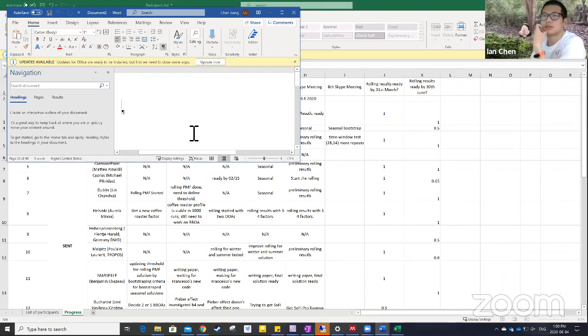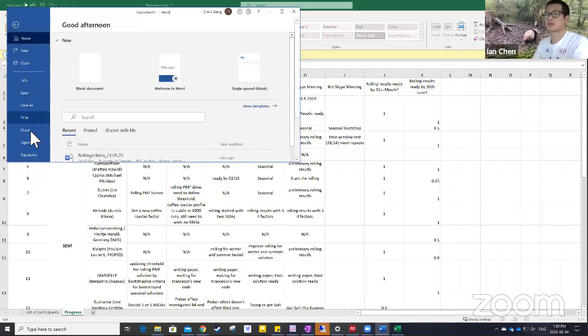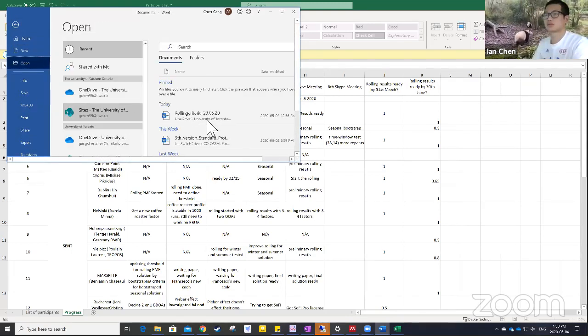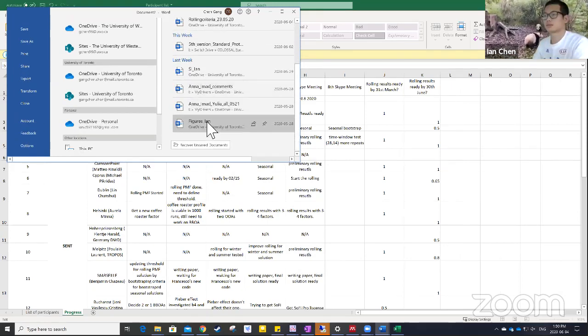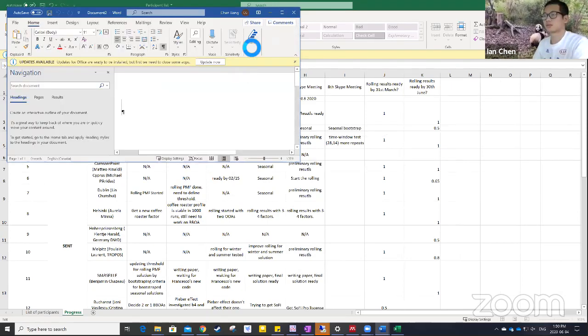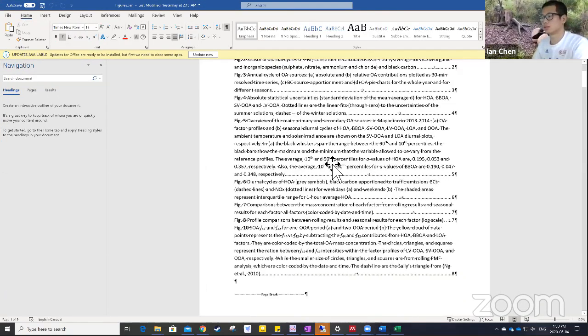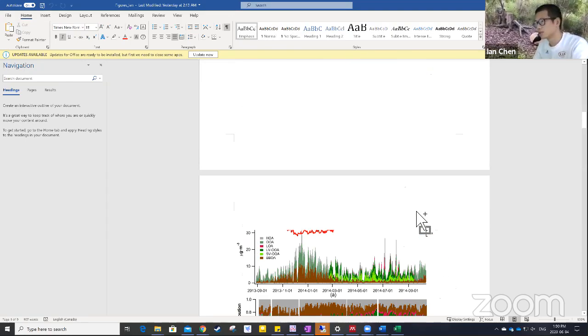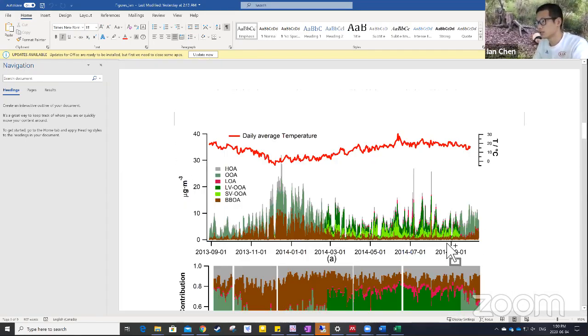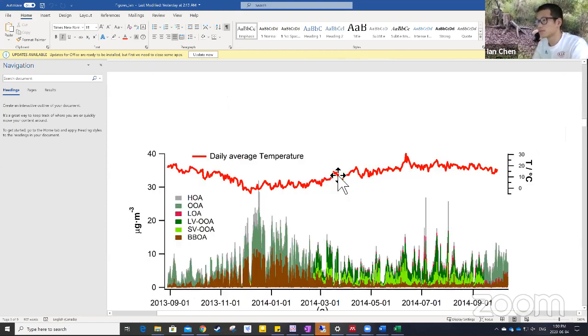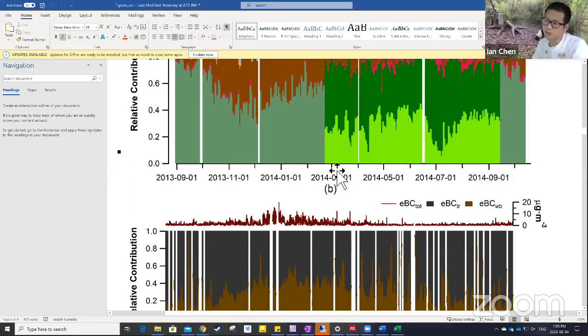So you can see in this plot. I selected from March to September, and I have a 5-factor solution.